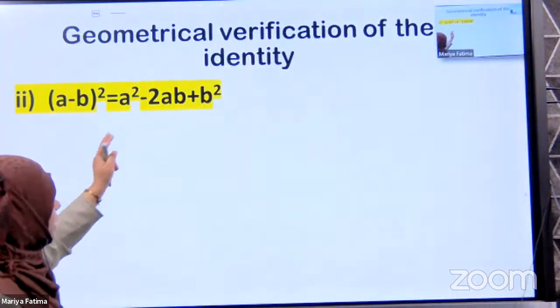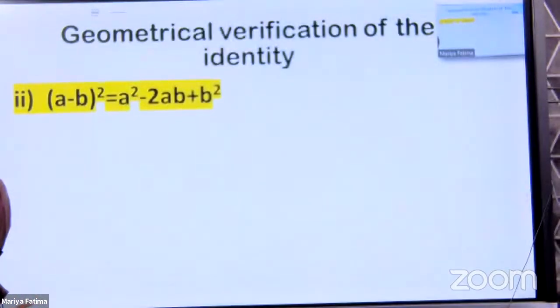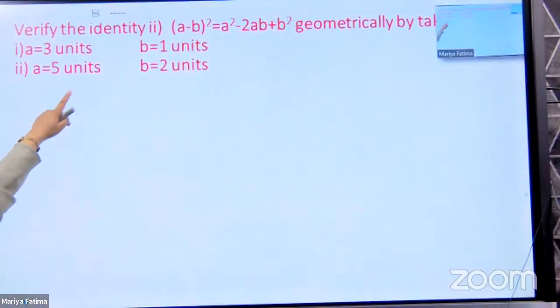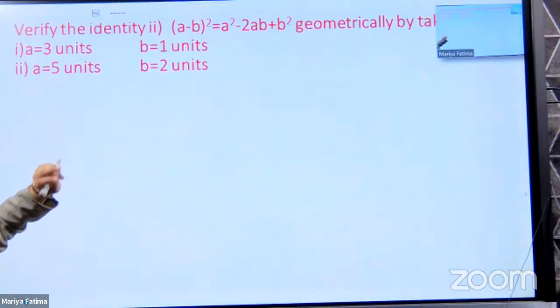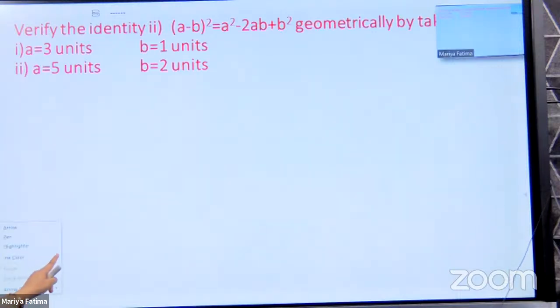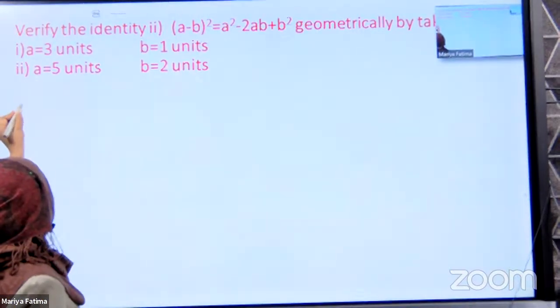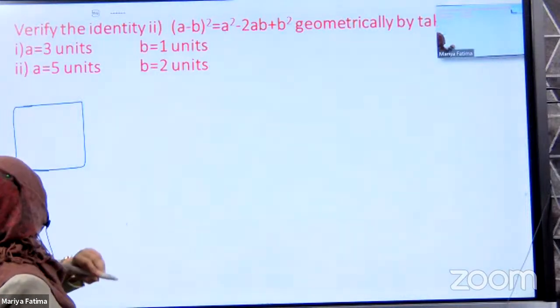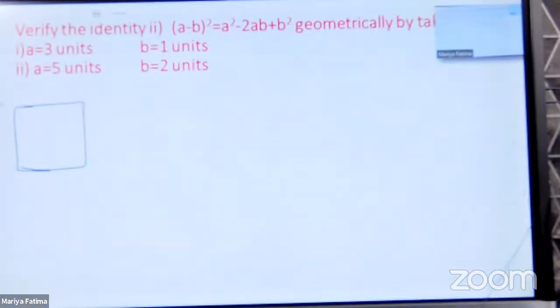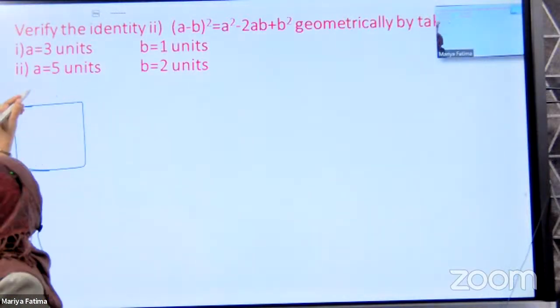See, this is over. Geometrical verification of the identity is over. Now we are going to do this question. We have to verify this identity by using these units. A is equal to 3 units and B is equal to 1 unit. So how to do that? Now we have to draw a square. Now we have to divide this part into A and B. A value as 3 units and B value as 1 unit.